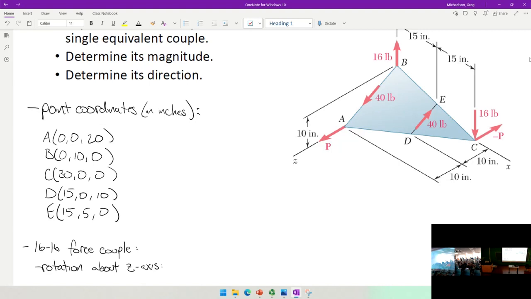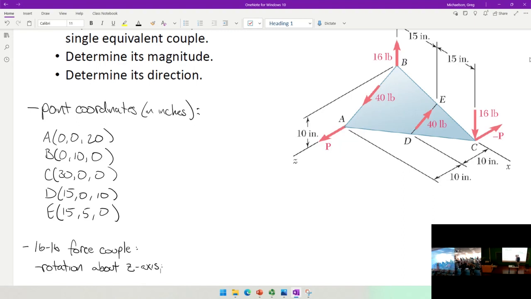Does the 16-pound force couple generate positive rotation? No, it does not, right? Because if I point my thumb towards the z-axis, my fingers are rotating like this, but the force couple is rotating it like this, in the other direction. Does everybody see that?